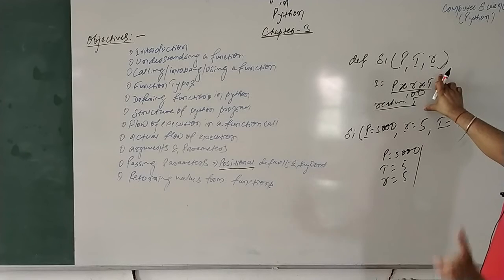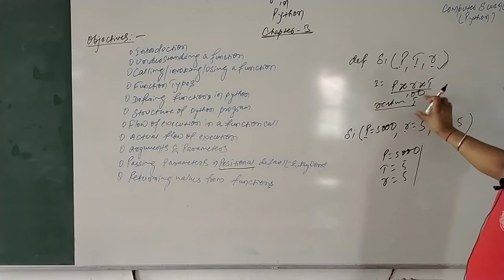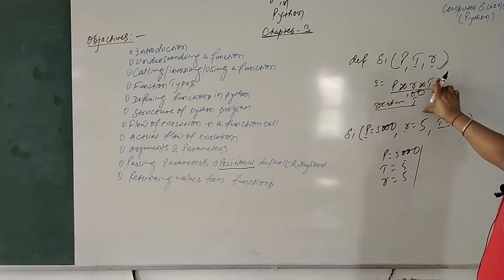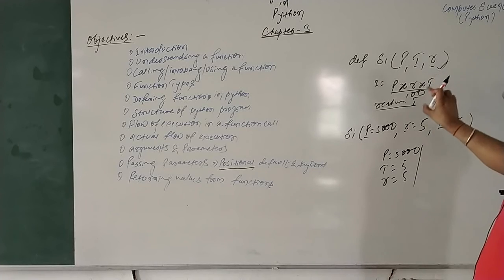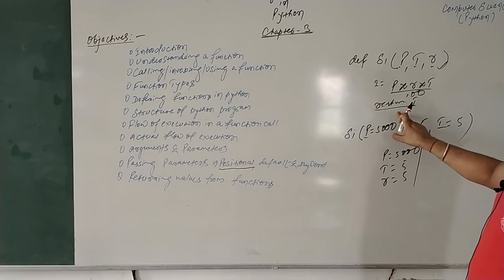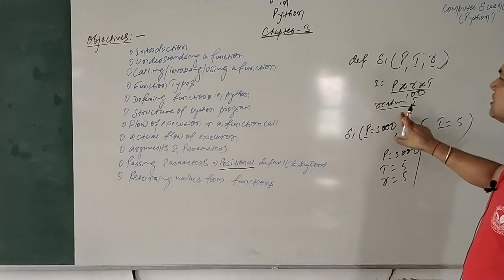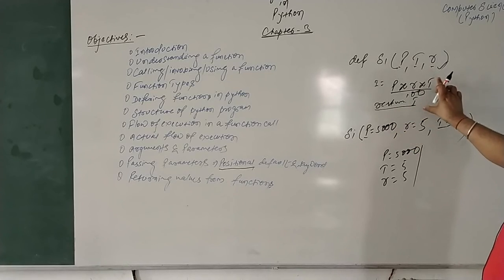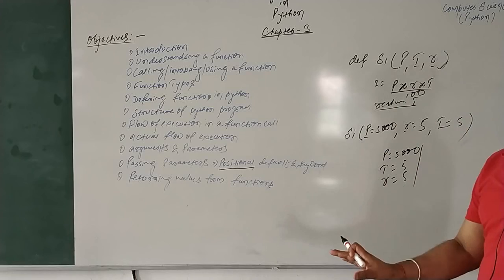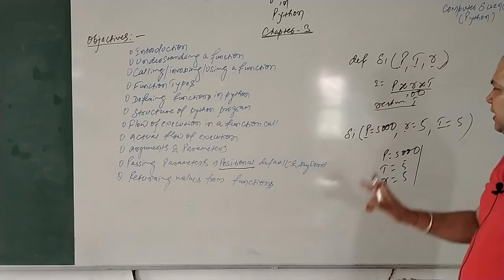Keep that in your mind. So the return statement should be the last statement in your Python function. Wherever the Python interpreter gets this return statement, it considers the function over. It will ignore all the other statements, if there are any.